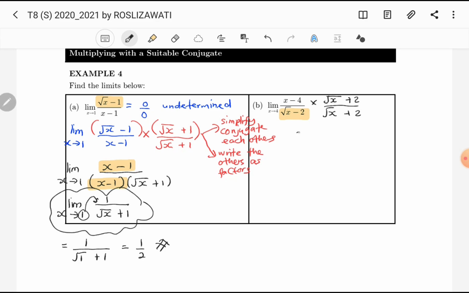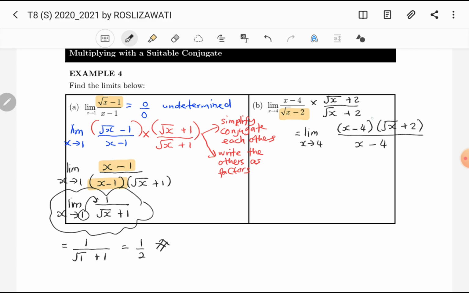So, kita akan expand the denominator. So, we write the others. For this case, your numerator, as factor x minus 4 root x plus 2 over, okay, yang bawah kita expand x minus 4.